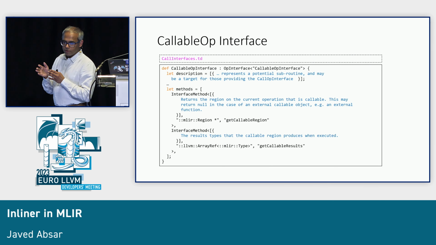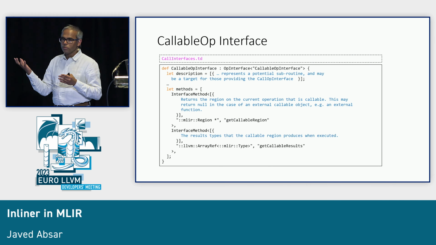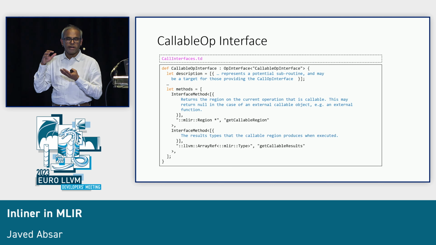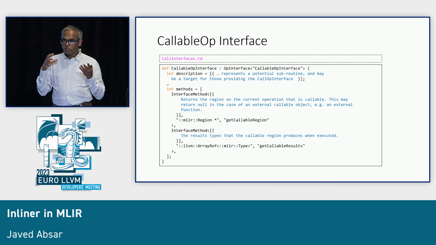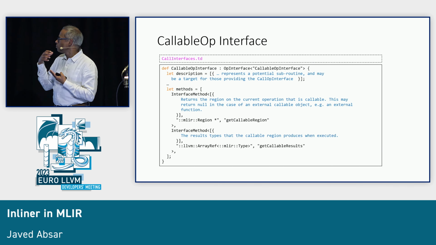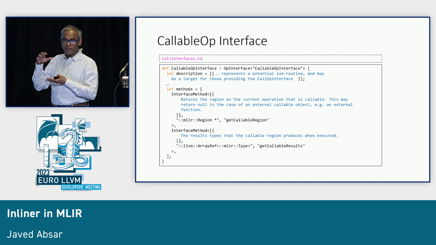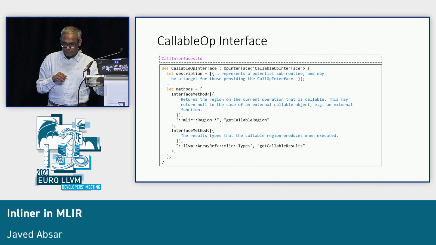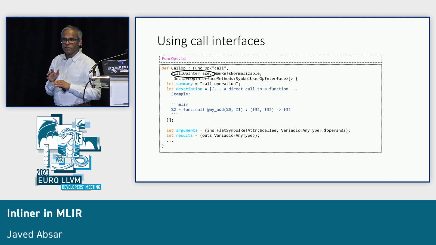And the mirror of that, just like the call, is the callable. If in my dialect I have something very similar to a function that will be called from different places, then I need to inherit from the callable. If I'm a function and I get called, I might return something, so what are the return types? I need to implement those methods. It's as simple as that. So let's take an example.